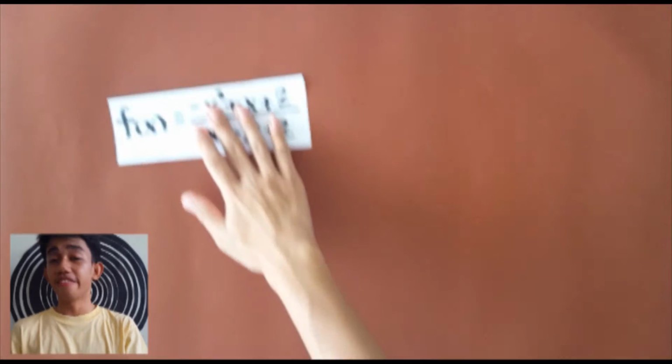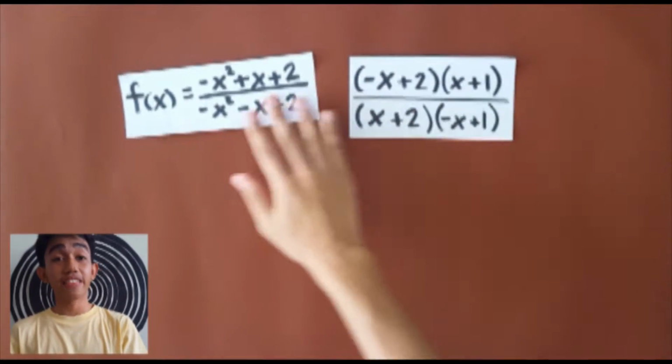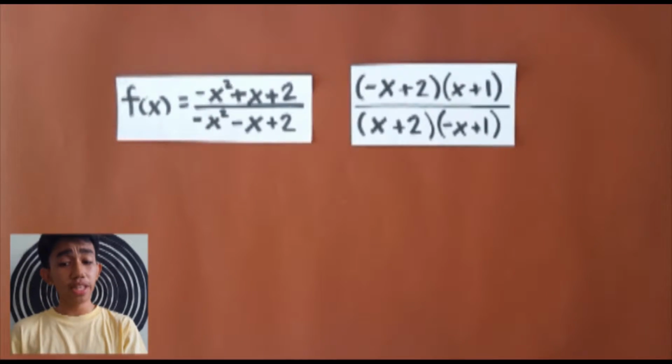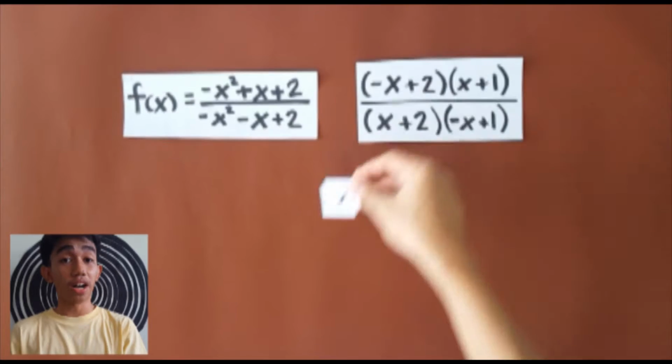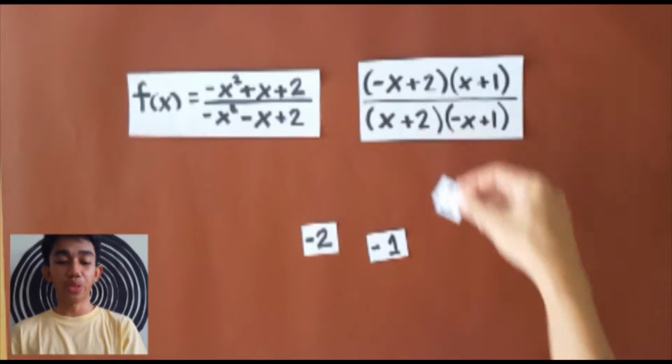There would be critical numbers that will help you know whether the part of the graph or the function is above or below the x-axis. In finding these critical numbers, just factor the function and get the value of x that will make each factor 0. So in the function, the critical values are negative 2, negative 1, 1, and 2.